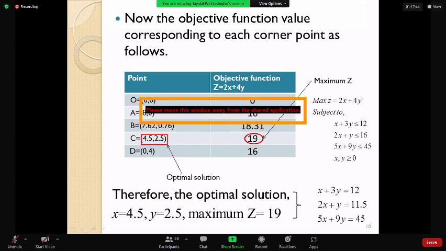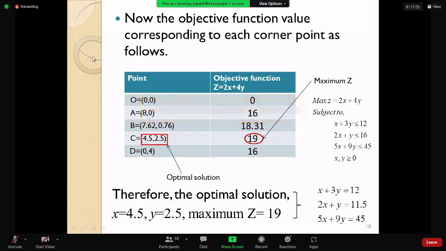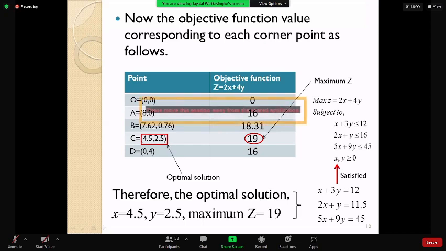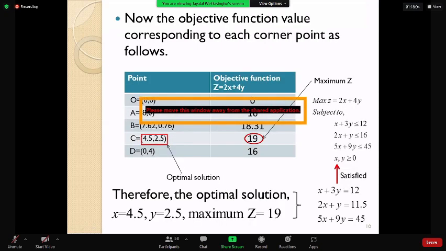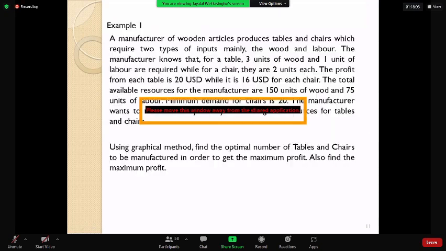Okay, any other questions? Okay, so you can try our second example, the tables and chairs example, with the graphical method.